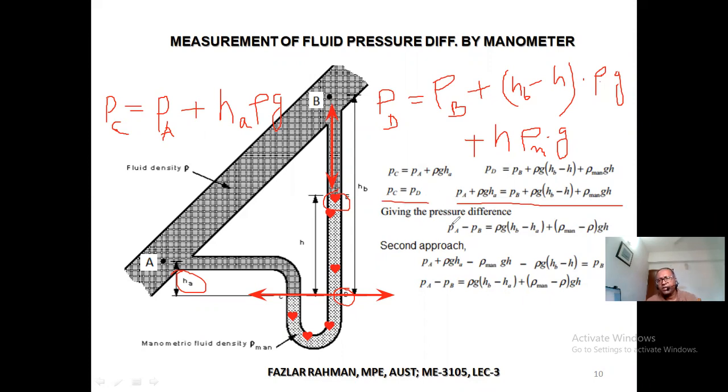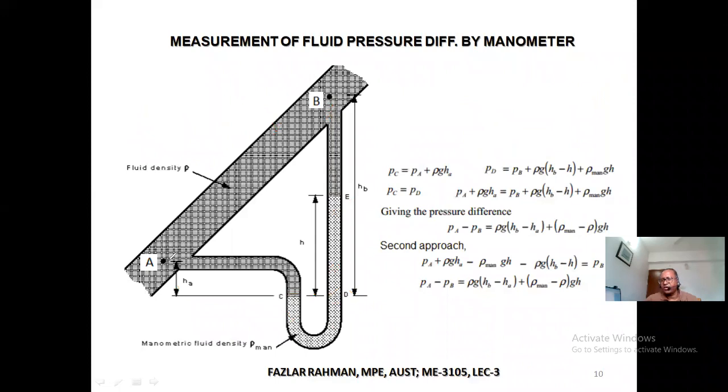Now, there is another option, where you can walk from one point to another point. How to walk? You can start anywhere. Let's start from point A. So how will we travel from point A? From point A, you come right over here. That means the pressure right over here and right over here is the same.